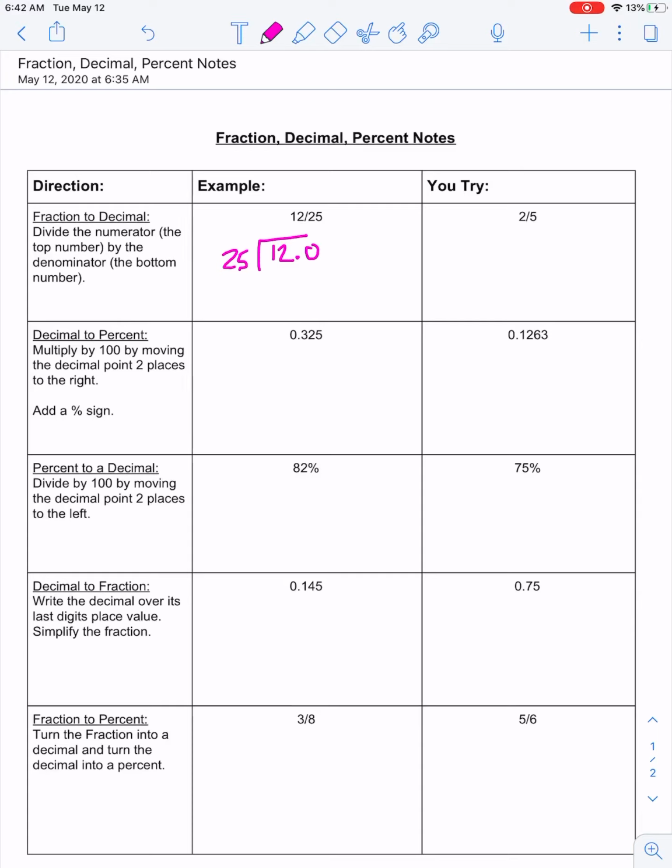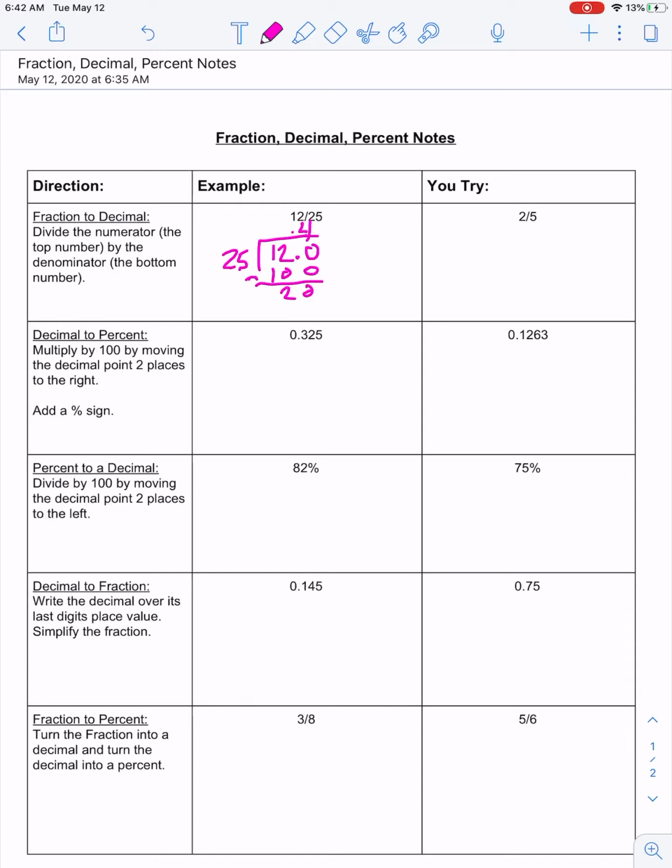So how many times would 25 go into 120? It's going to go in there 4 times because there's only 4 quarters in $1.20. So we're going to do 4 times 25 is 100. And we subtract. We get 20.